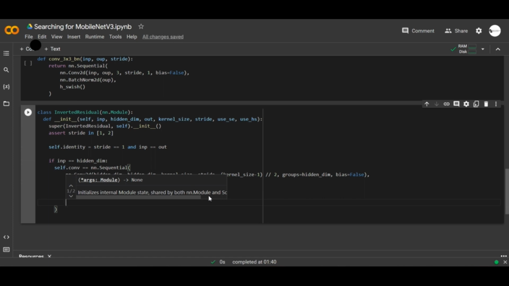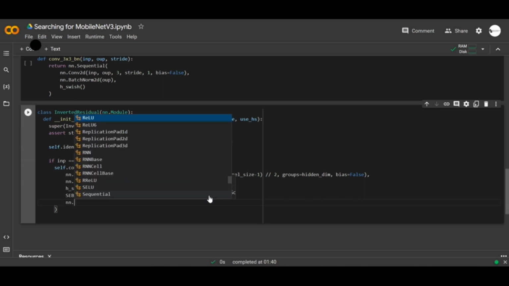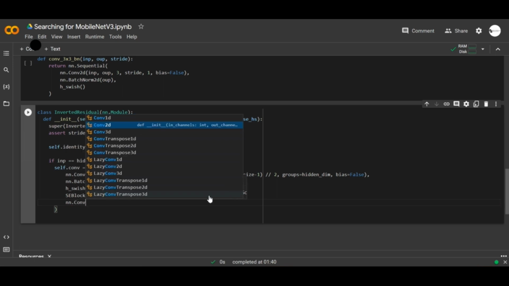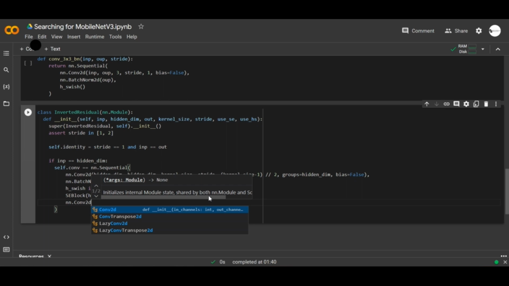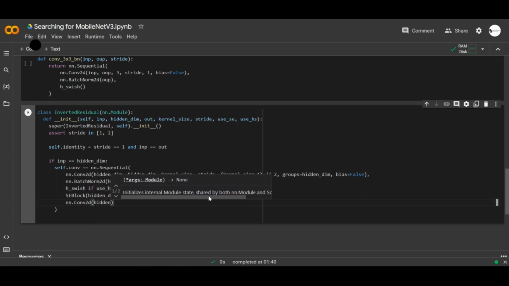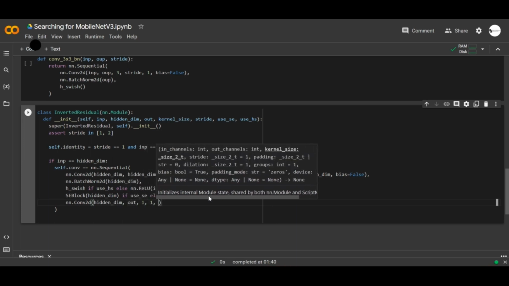Then we're gonna have a pointwise layer, nn.Conv2d. Then we're gonna take in the hidden dimension, then we have output, then 1 by 1. So there's a pointwise.